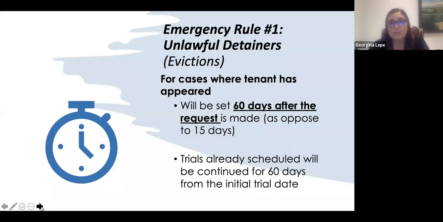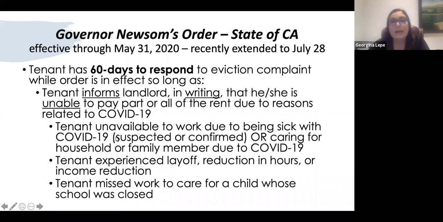Before the Judicial Council met, the governor, obviously Governor Newsom, and Mayor Garcetti were implementing several orders to kind of protect the tenants because the Judicial Council hadn't met. Obviously, the rule implemented by the Judicial Council supersedes all these other orders made by these local counties.